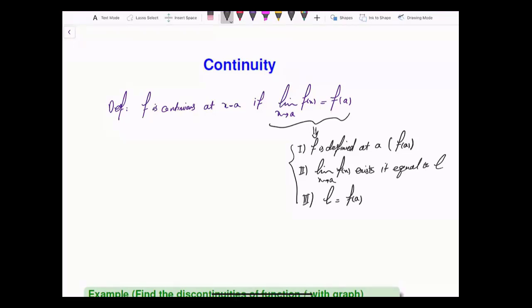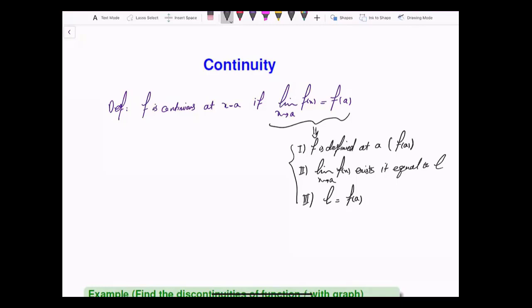So when it comes to checking continuity of a function at a point, you have to check these three steps: f is defined, the limit of the function exists, and the limit is equal to the value of the function.